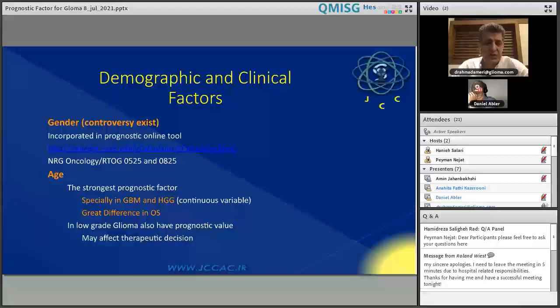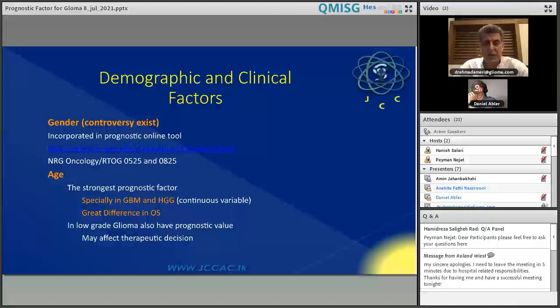Regarding demographic and clinical factors, gender is a factor that is sometimes used for defining the patient's prognosis. Also, there is a lot of controversy about the effect of gender on the prognosis of patients with gliomas, including low-grade and high-grade gliomas.